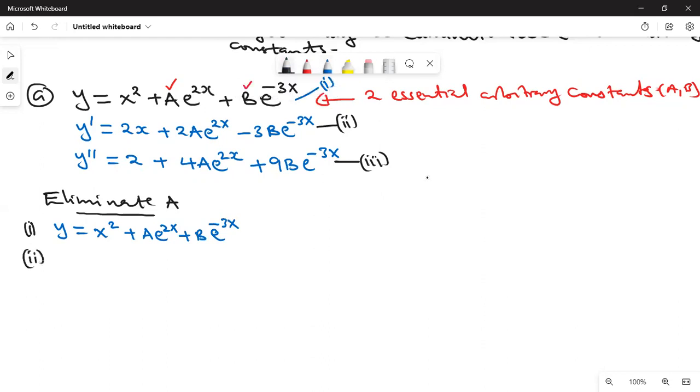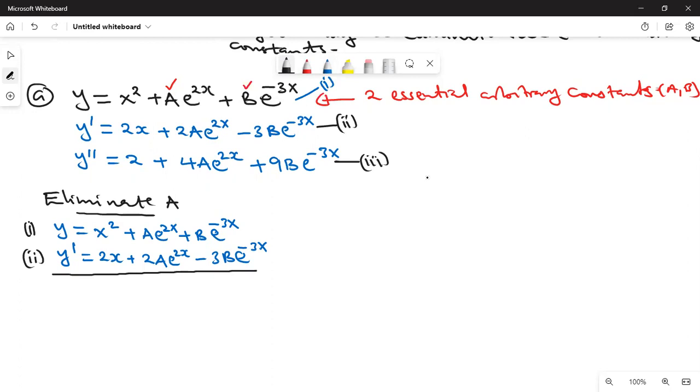The other equation is y prime equals 2x plus 2a exponential 2x minus 3b exponential negative 3x. How do we get rid of a from here? You must ensure that the coefficient of the term involving a is the same, so that you subtract.